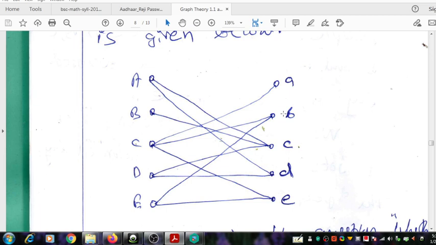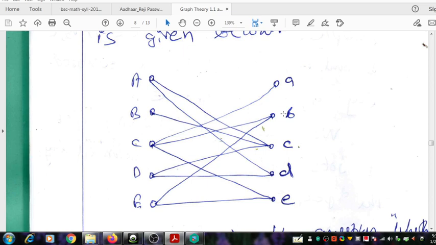These 5 jobs are represented by another set of 5 vertices. You can also see a collection of edges connecting the first set of vertices to the second set of vertices.